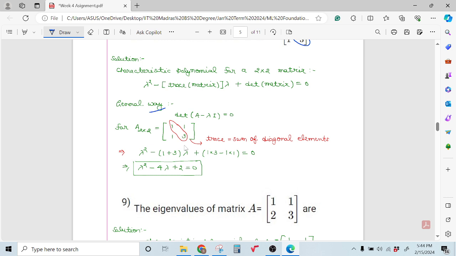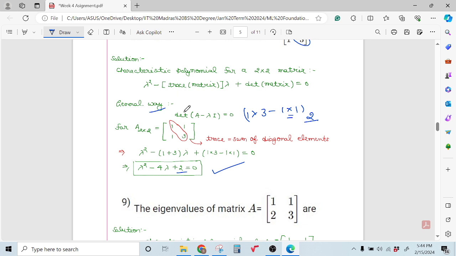So we can solve this problem. Lambda square minus (1 plus 3) lambda plus the determinant of the matrix, 1 times 3 minus 1 times 1, so this is 2. So ultimately the answer of this problem is lambda square minus 4 lambda plus 2 is equal to 0.